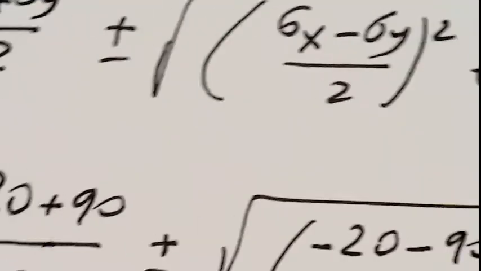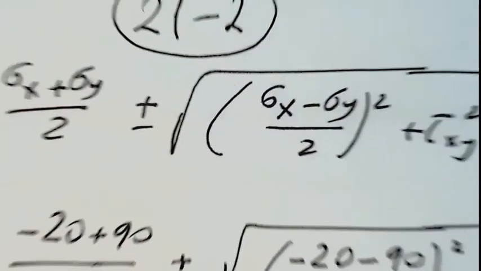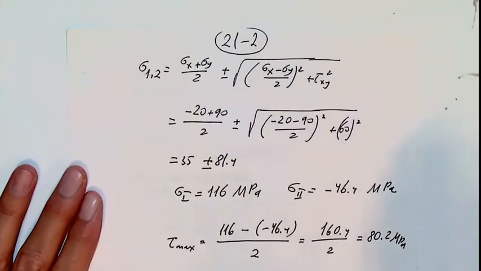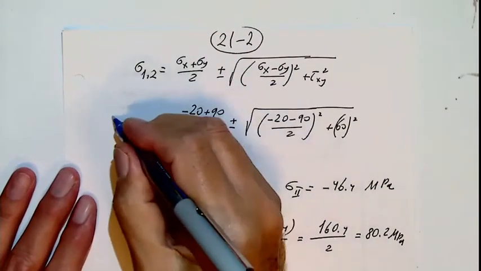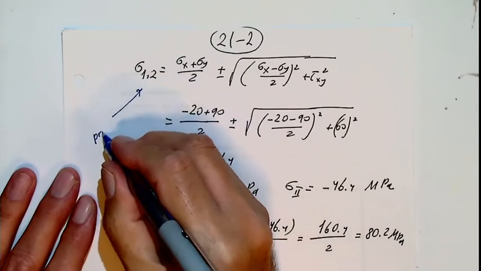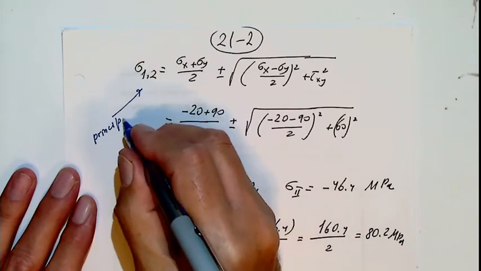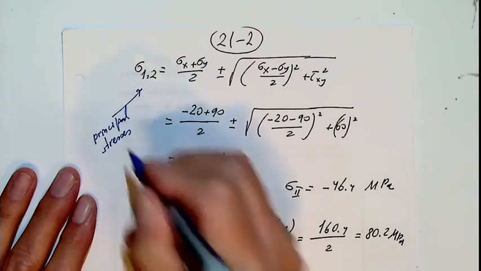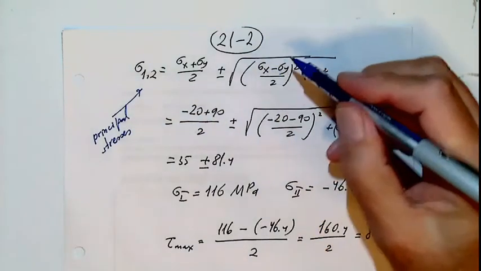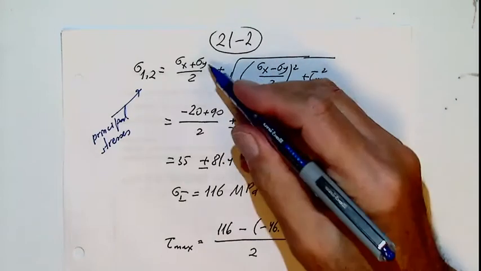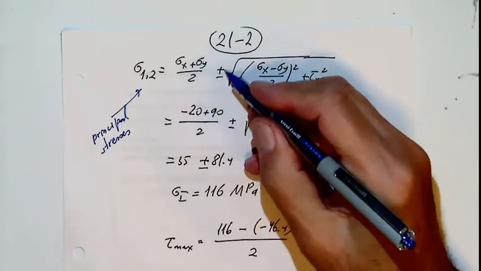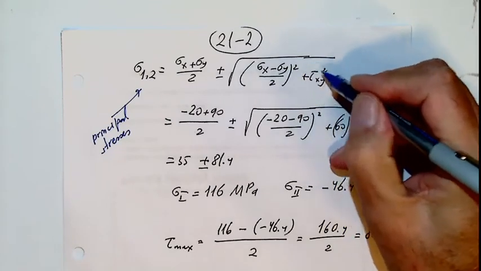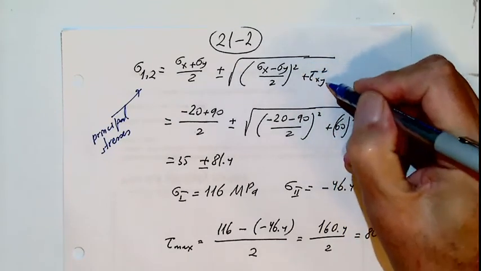So the formulas for sigma maximum and minimum are the principal stresses. So these are principal stresses. Sigma 1,2 equals, and that is a formula: sigma x plus sigma y over 2, plus minus the square root of sigma x minus sigma y over 2 squared plus tau xy squared.